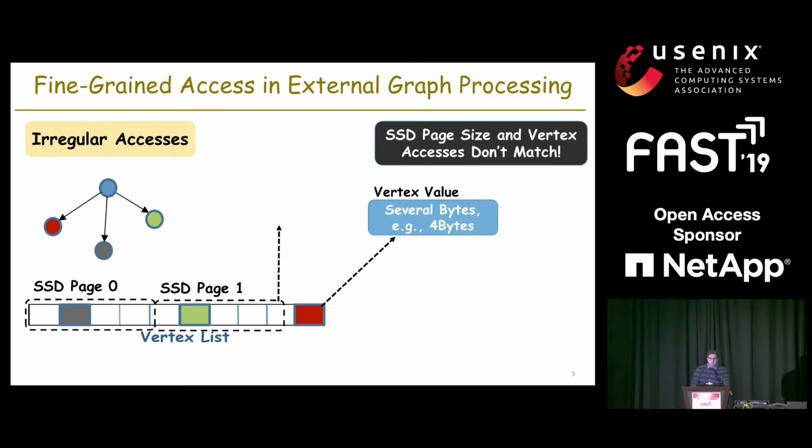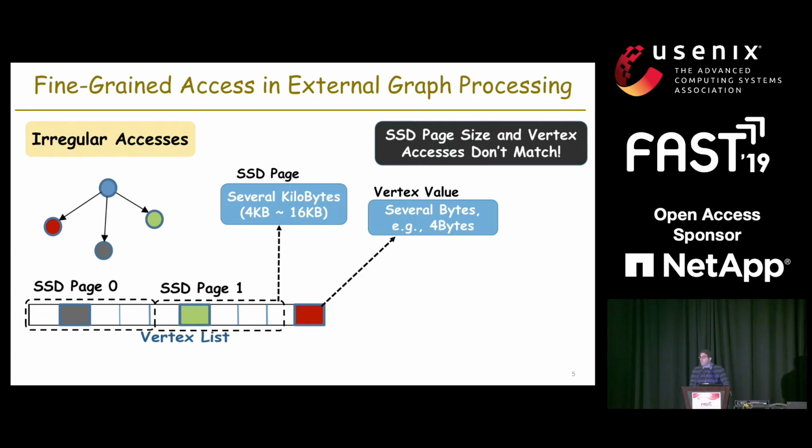These vertex values can be in the range of several bytes. For example, the vertex value can refer to its rank in the PageRank algorithm. But on the other hand, SSD page size can be several kilobytes.